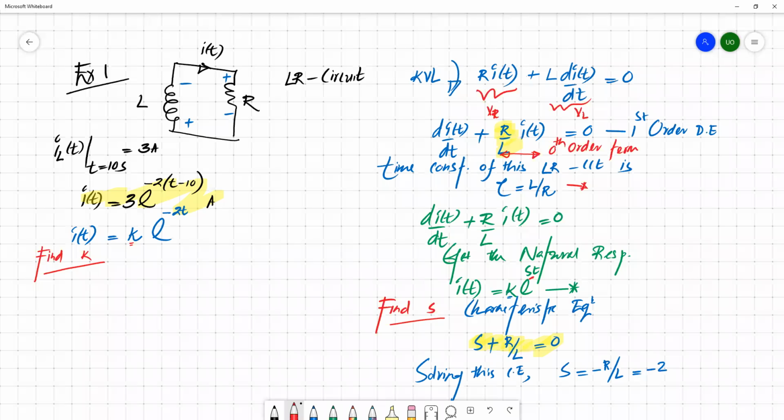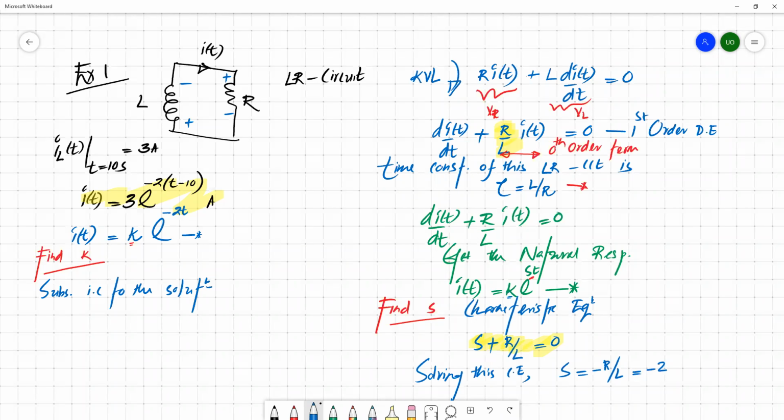So how do you find k? Substitute the initial condition into the solution. So we basically obtained the solution as k times e to the power minus 2t. Now k is again an unknown constant, so we need to find it out.